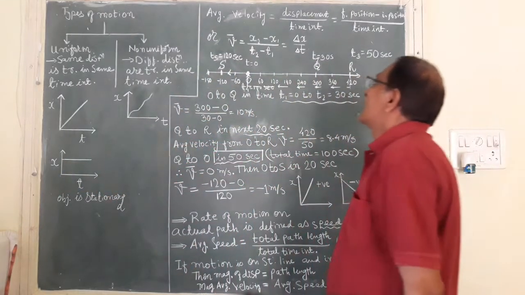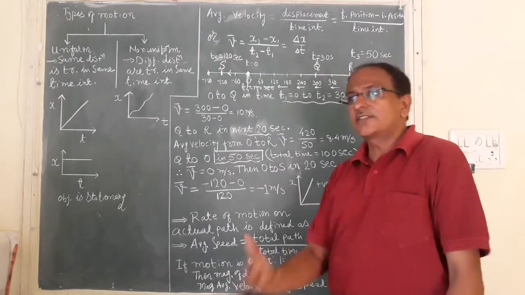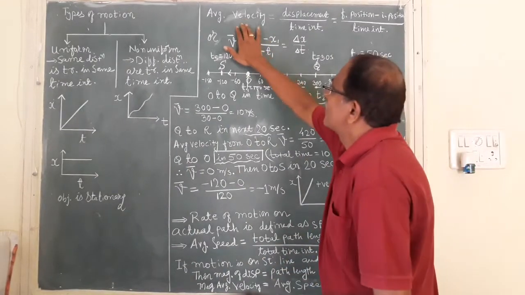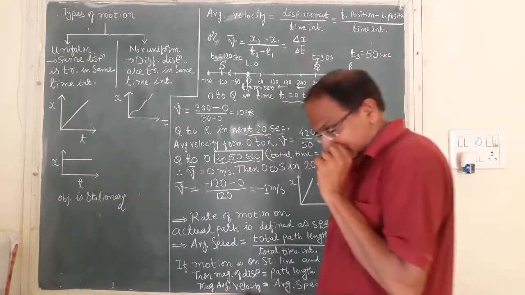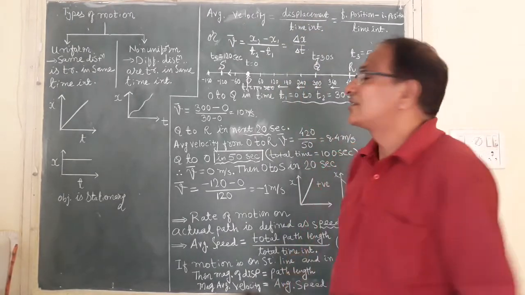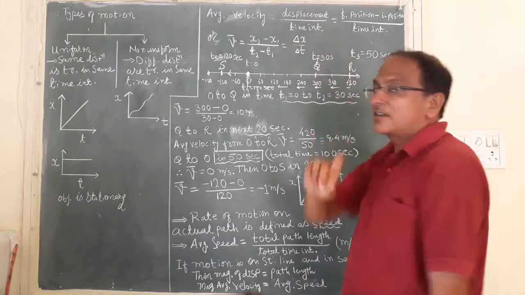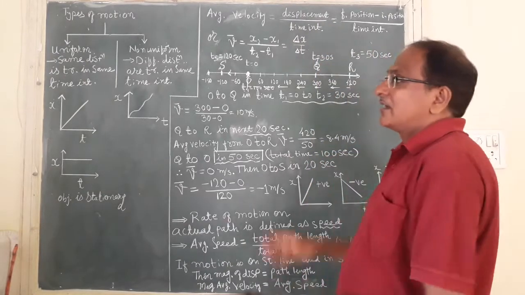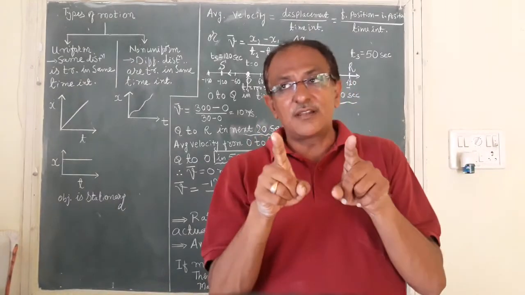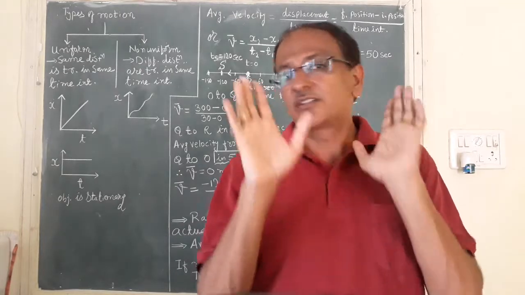Okay. Now we move further with the new topic, that is average velocity. Average velocity is nothing but displacement upon time interval. Displacement is nothing but final position minus initial position.